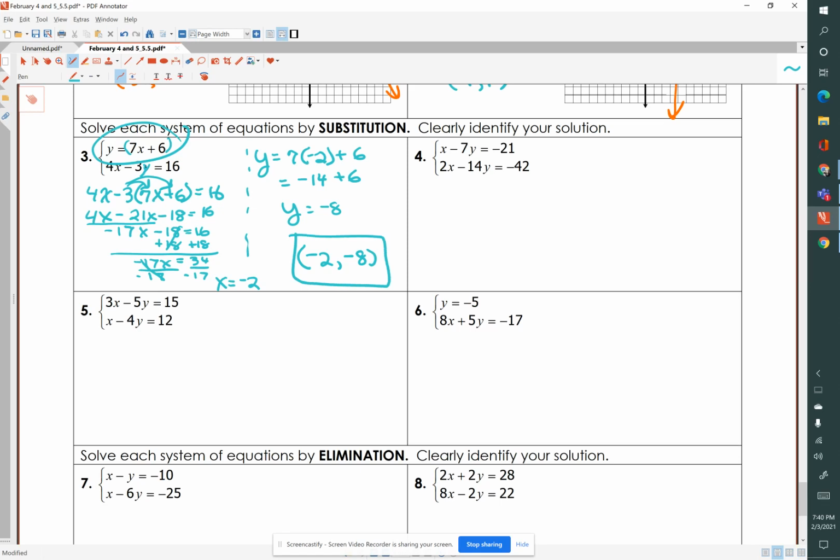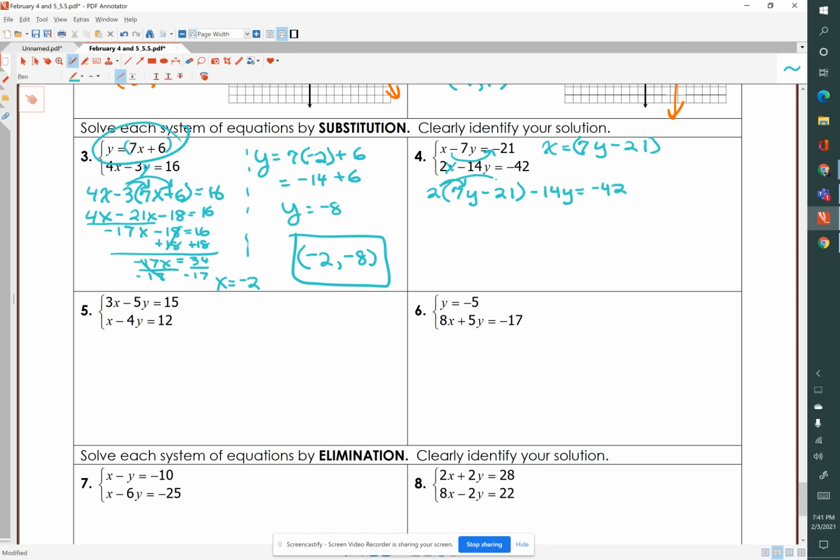Now, in the second equation, I'm going to solve this for x by just moving the 7y over, which will make it positive. X equals 7y minus 21. Now, I'm going to substitute 7y minus 21 for x in the second equation. So 2 times x, which is now 7y minus 21, minus 14y equals negative 42.